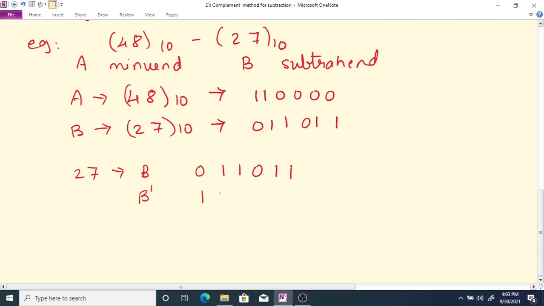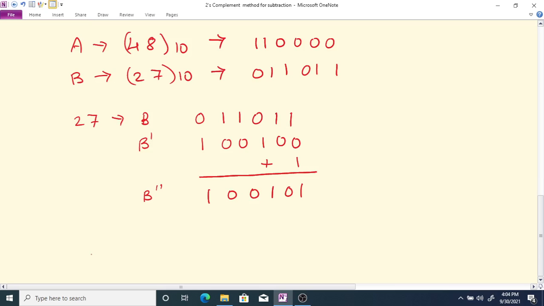So, we will get 100100. Then we find B double dash by adding 1 to B dash. So here, B double dash, which is our 2's complement of the given number, will be 101001.